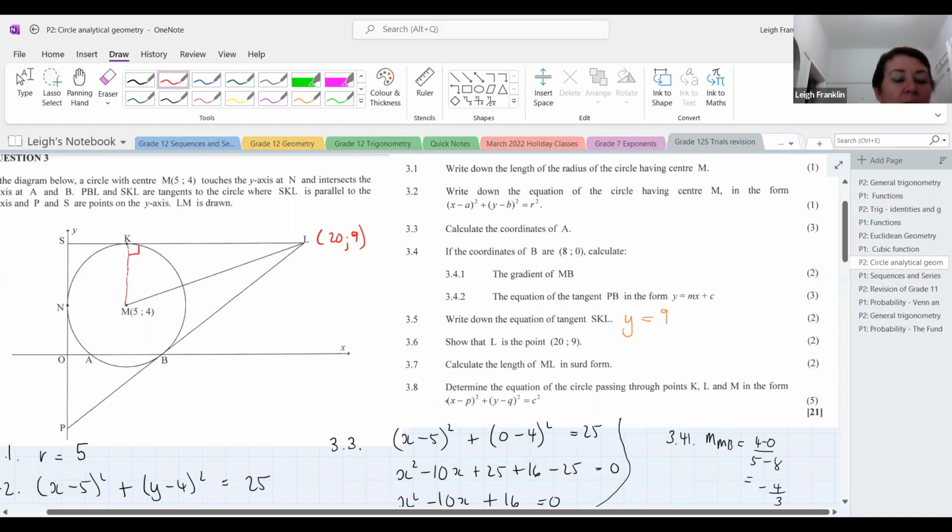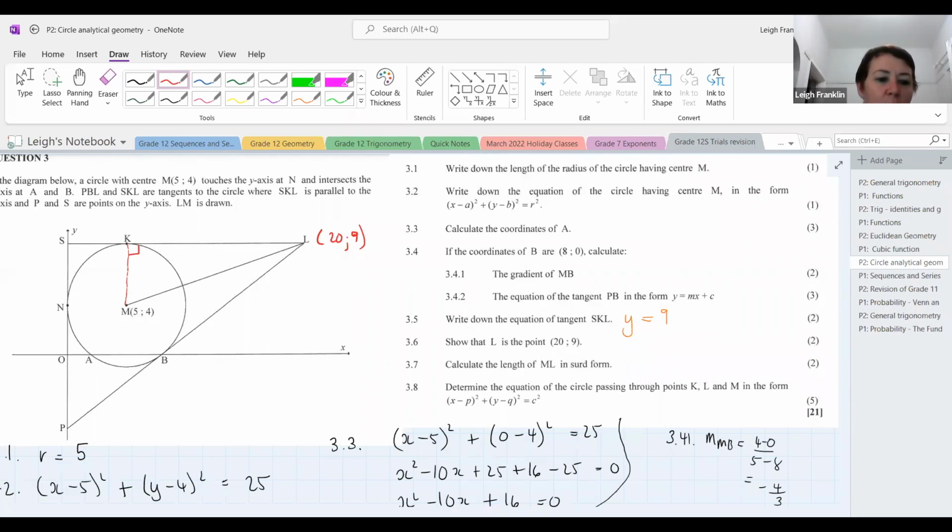So if the circle passes through points L, M, and K, then somewhere in the middle over here is going to be the center of the circle. LM is indeed the diameter. And remember the diameter subtends a right angle at the circle. So we know that LM is the diameter of this circle.